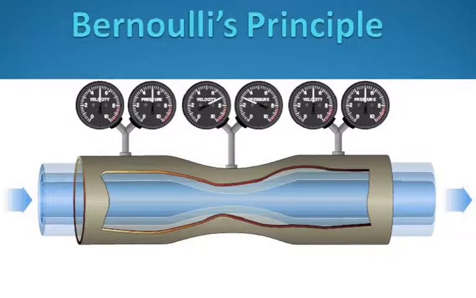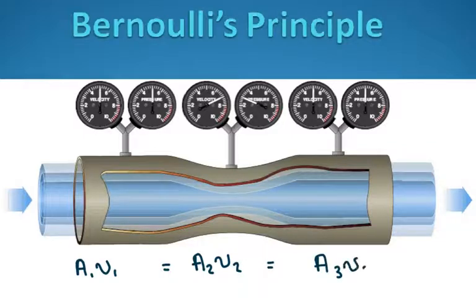In the previous video we talked about continuity, and the formula that we derived says that area 1 times velocity 1 will be equal to area 2 times velocity 2, and that would be equal to area 3 times velocity 3.